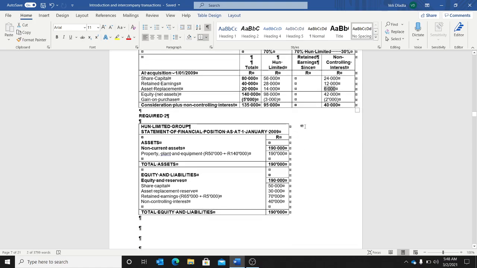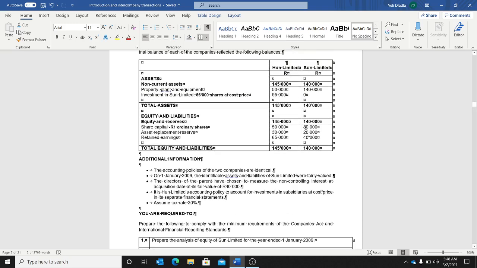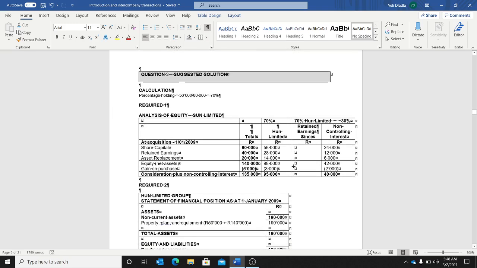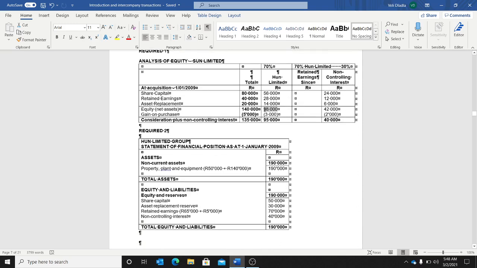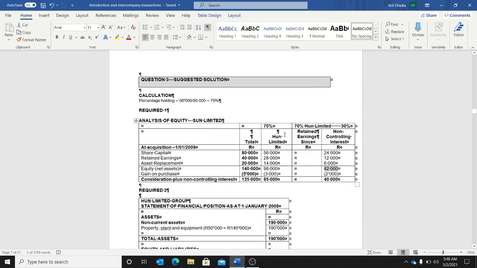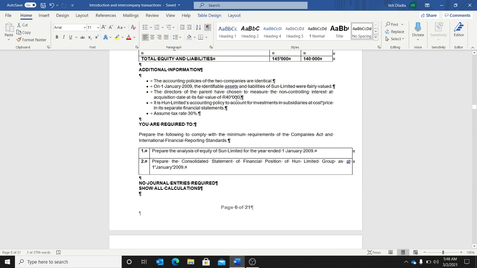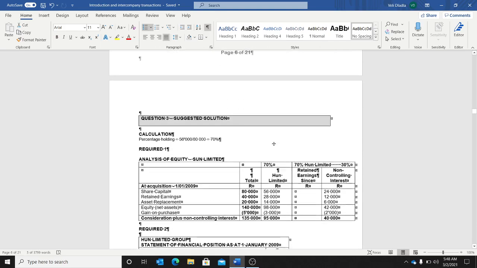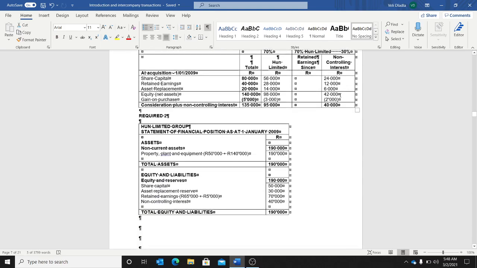Now you will see here that they've paid 95,000 for this. This is 98, but they paid 95, which is less. There's a gain on bargain purchase. Now here you've got something which is 42. Here they're saying the fair value is 40, which means 42 minus 2 gives us 40,000.